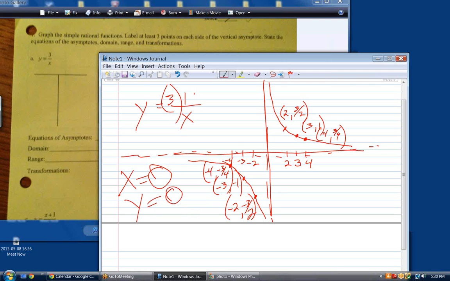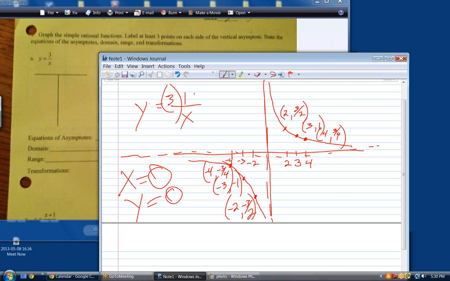What's the domain of this function? -∞ to 0, combined with 0 to ∞. Correct. In other words, all real numbers except 0. What's the range? Pretty much the same: -∞ to 0, 0 to +∞. There's no way this function can ever be 0.